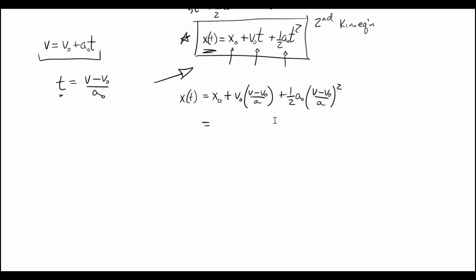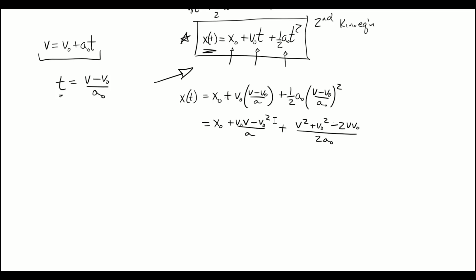I'm going to just do some standard algebra on this. v minus v naught squared all over a, plus, one of these a's that are squared is going to cancel. So this ends up being v squared plus v naught squared minus 2v v naught, that cross term, all divided by 2a naught.